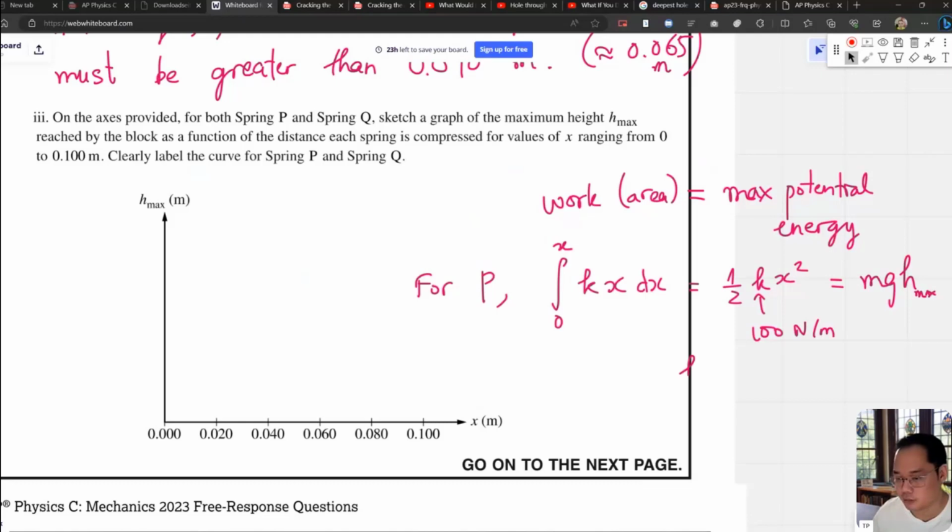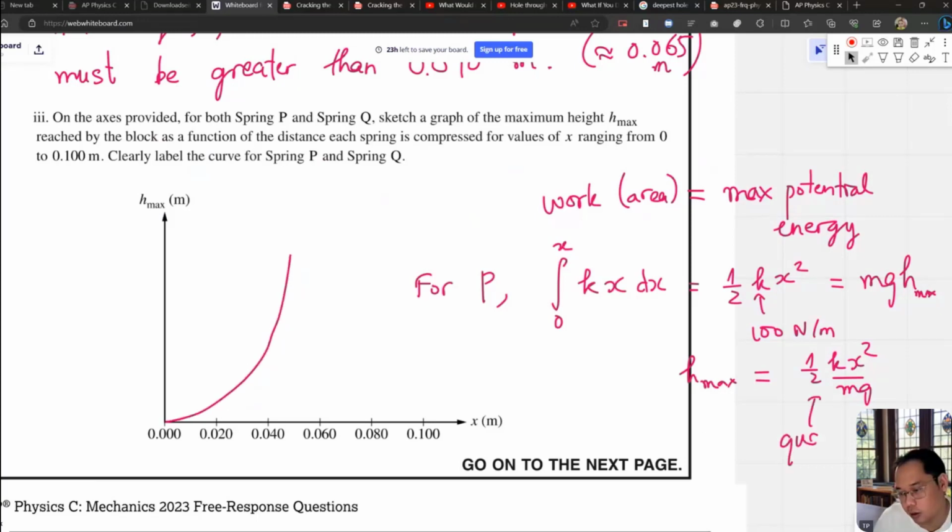Therefore, h max is 1/2 k x squared over mg. Basically, it's proportional to x squared, so this is a parabola, a quadratic function. So for the spring P it is a parabola.